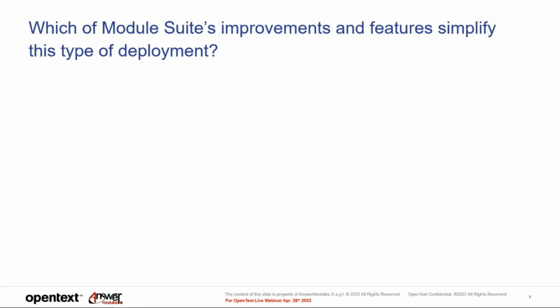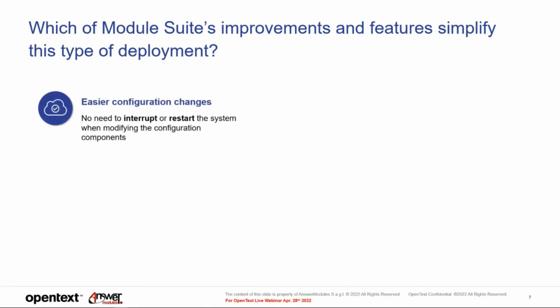So I just want to go very quickly over the improvements and features in Module Suite 3.2 that make it feasible and simplify this type of deployment. First and foremost, changes to configurations are much easier now in 3.2, but more importantly, you don't need to interrupt or restart the system when you are making modifications to the configuration components.